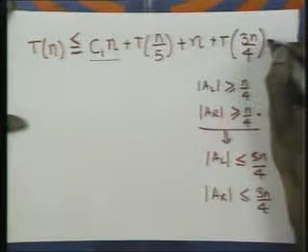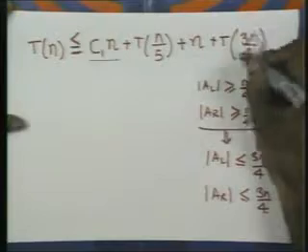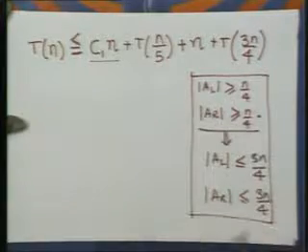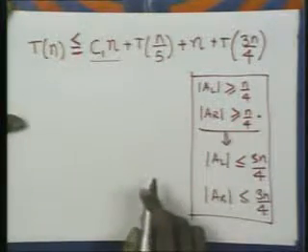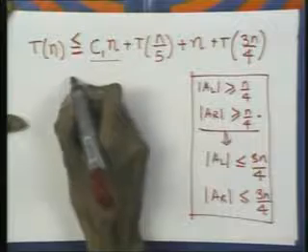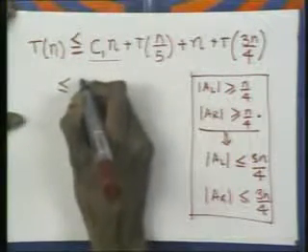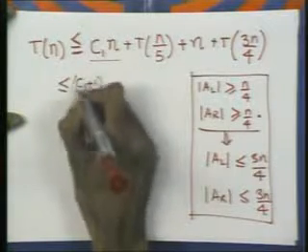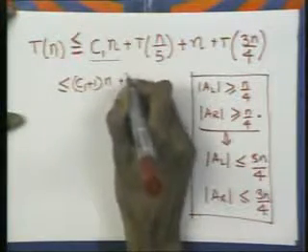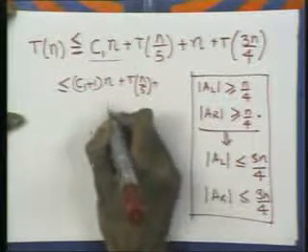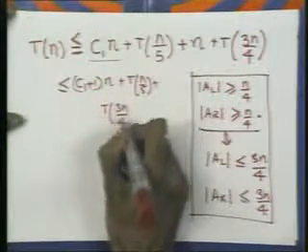We recurse either on AL or AR, and the maximum size of AL and AR is 3n/4. Okay, so this is the recurrence. So T(n) is less than or equal to, let's say, (C1 + 1) n plus T(n/5) plus T(3n/4).